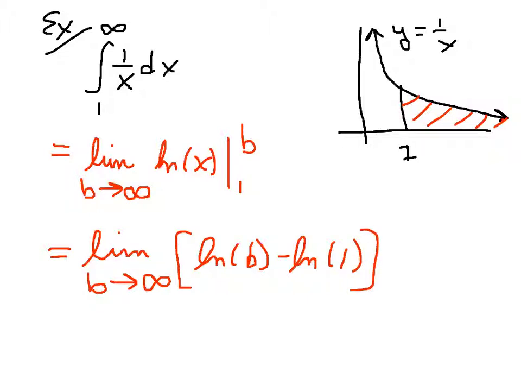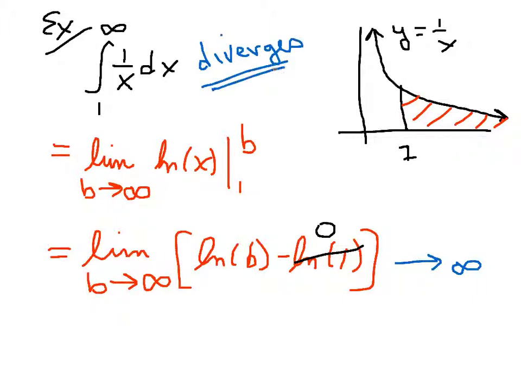Now, we know that the ln of 1 is 0. And so therefore, this limit then is just equal to ln of b as b goes to infinity. And in fact, it goes to infinity, so that we say that this improper integral diverges, and also that this area is infinite. Nothing surprising there.